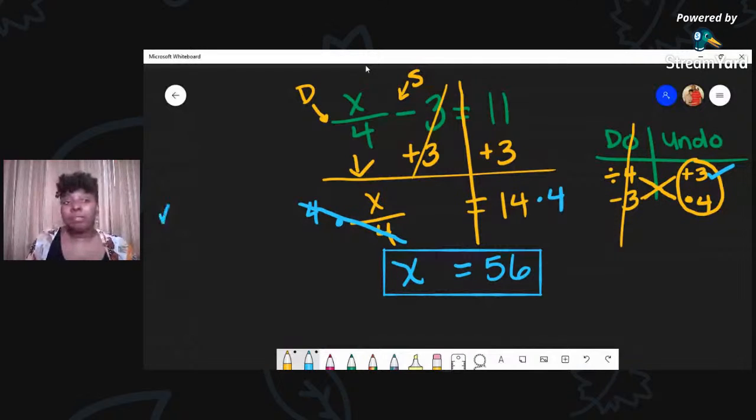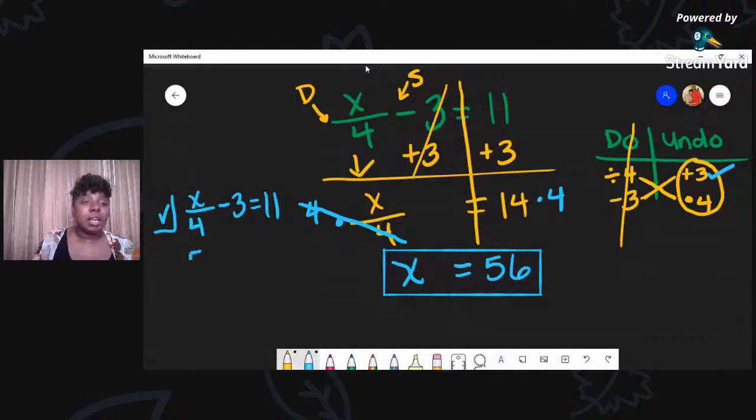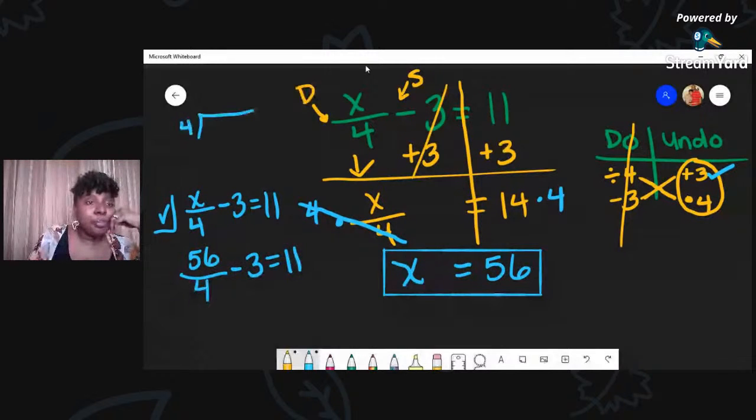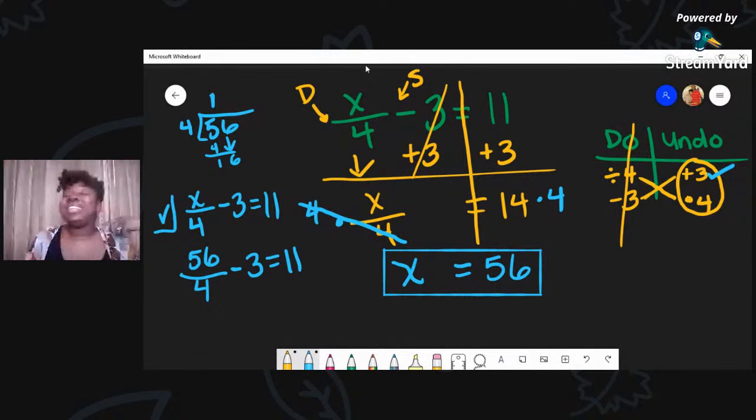Go back to the original equation: x divided by 4 minus 3 equals 11. Let's see, 56 divided by 4. I'm just replacing the x with the 56. All right. Put that numerator in the house. 4 goes into 5 one time. 4 goes into 16 4 times.